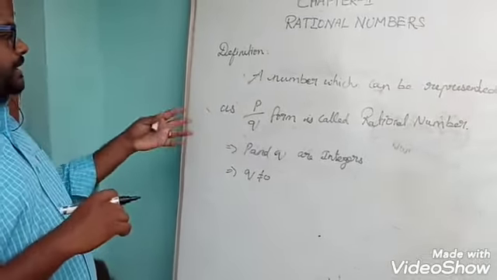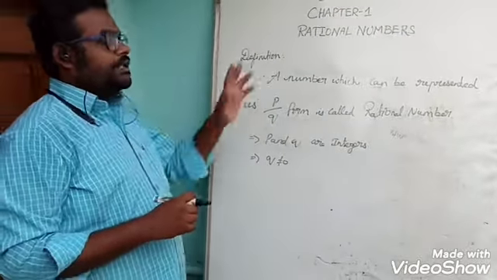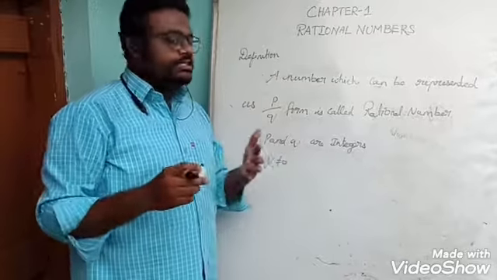A number which can be represented in P by Q form is called a rational number. Already I told you a rational number is always in the form of a fraction.